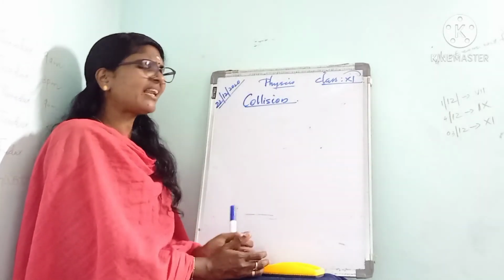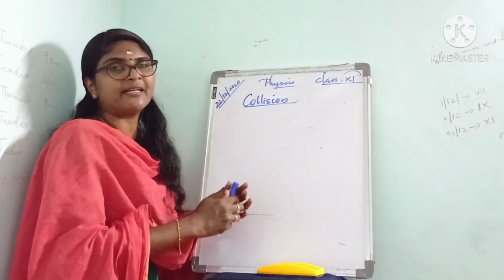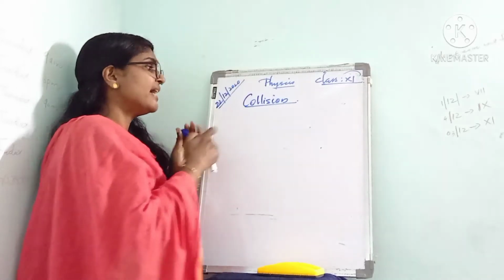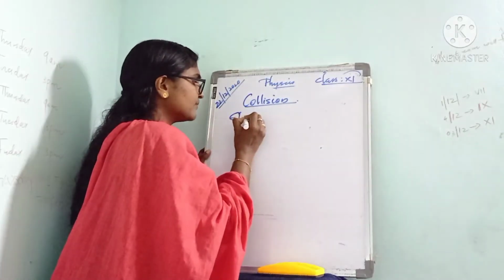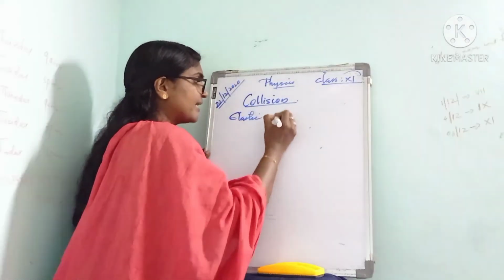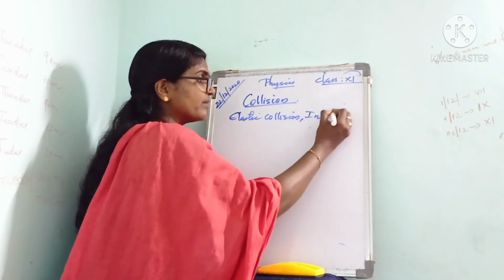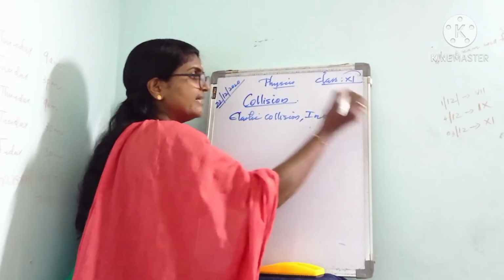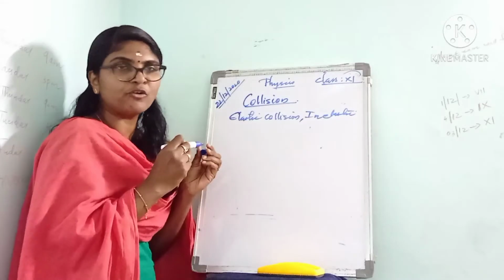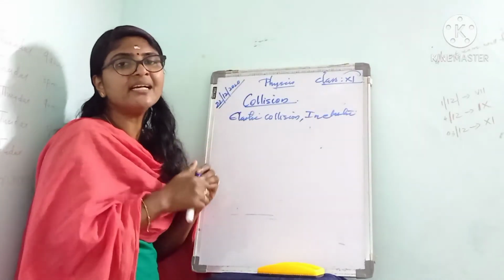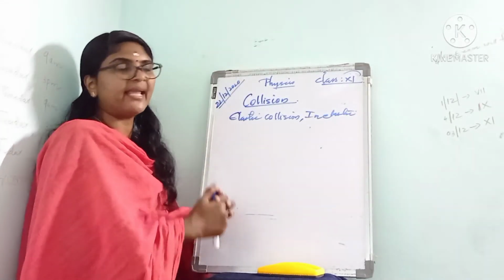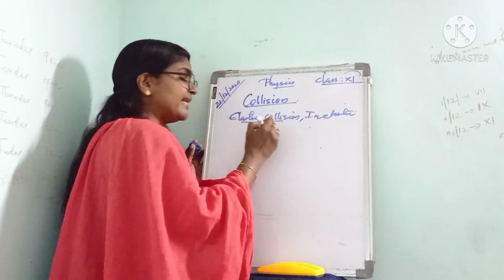And here we have two different types of collision. First is the elastic collision, and second is the inelastic collision. First we can talk about elastic collision.